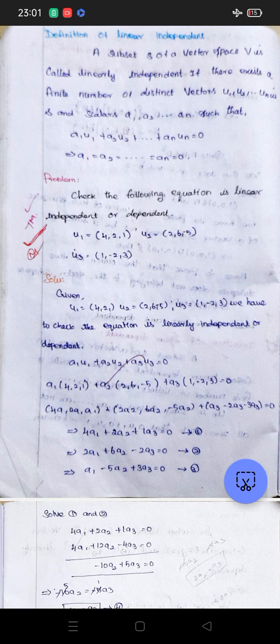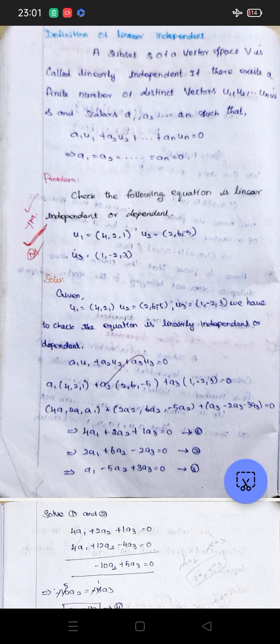So by using the definition of linear independence, a1 u1 plus a2 u2 plus etc. an un, you can clearly note whether the given vectors are linearly independent or dependent. Here we have only three vectors, so you can write a1 u1 plus a2 u2 plus a3 u3 is equal to 0.